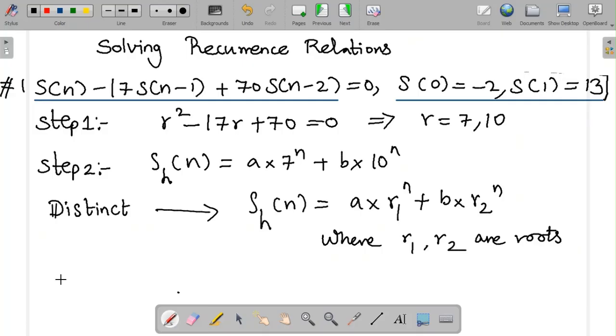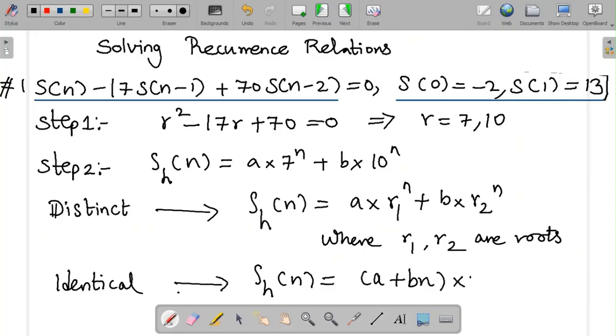In case the roots are identical, the homogeneous part of the solution can be expressed as a plus bn times r to the power of n. Once again, a and b are arbitrary constants.